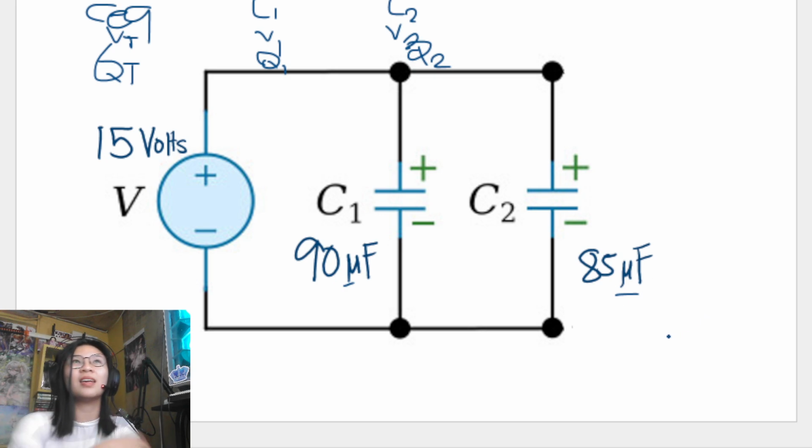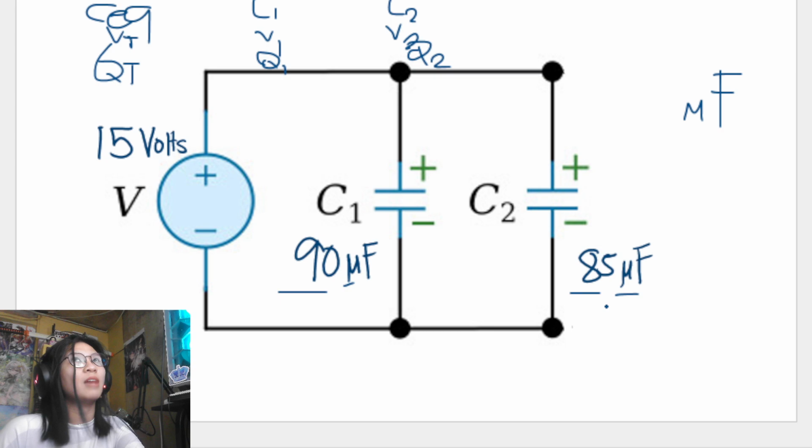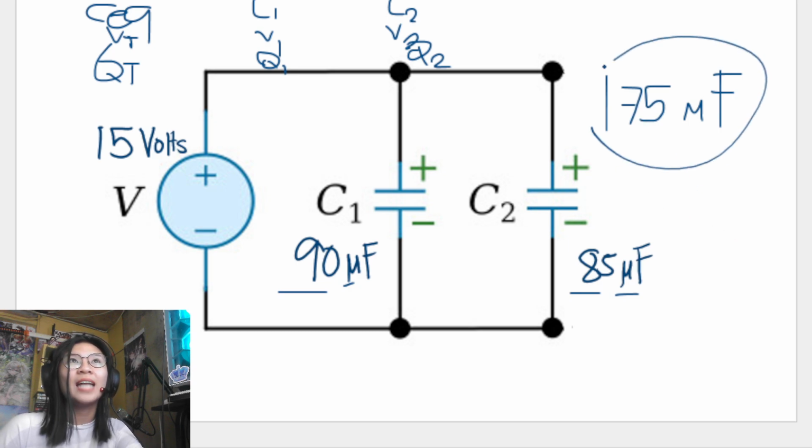My technique is, if they have the same prefix, micro, micro, then you just copy that. It becomes microfarad. Since we are just adding them, you just add their values. 90 plus 85, so that is 175 microfarad, and that is your CQ.